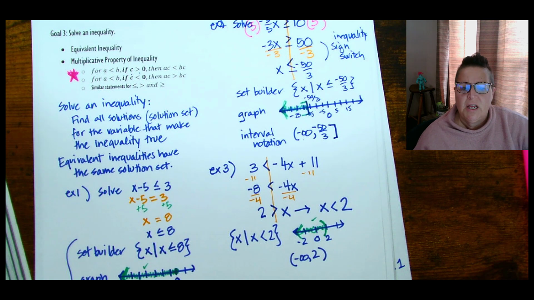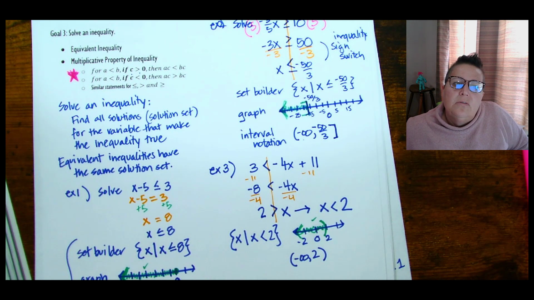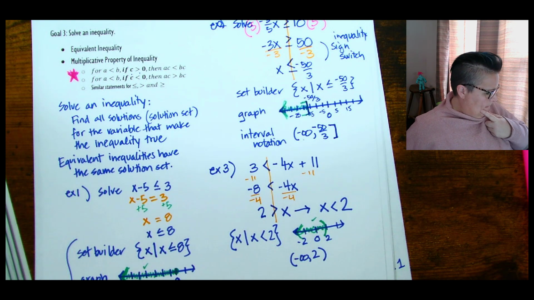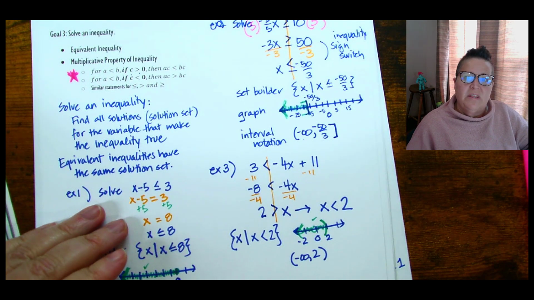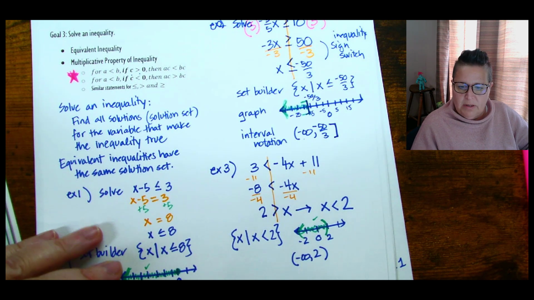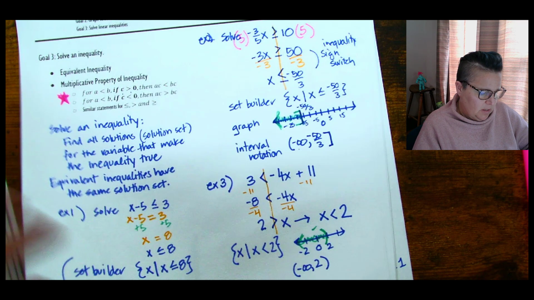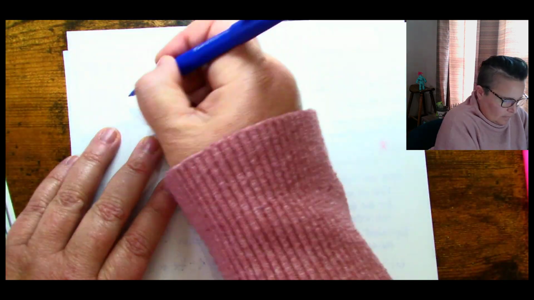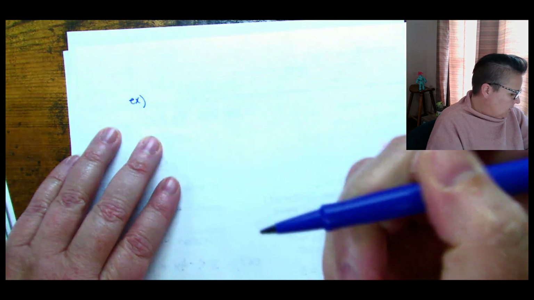Okay, do we want to try a really sort of involved one maybe? Should I do one more? Let's do one more where the solving is a little bit harder, and then there's still a couple of goals here for this particular unit. Let's try an example here.